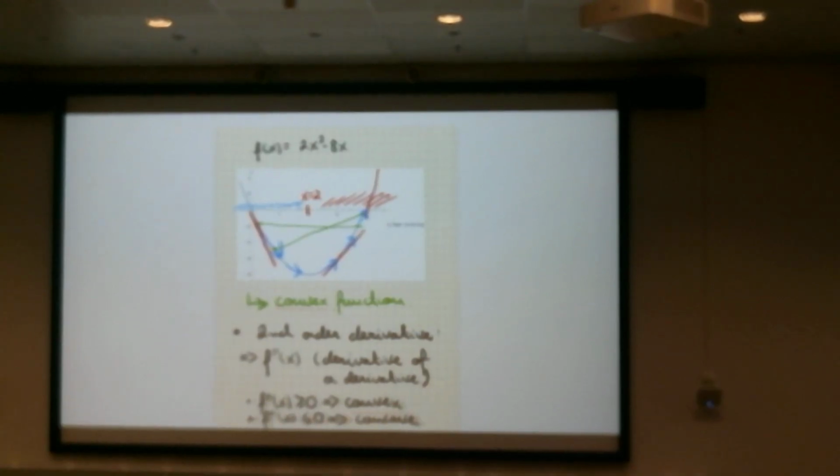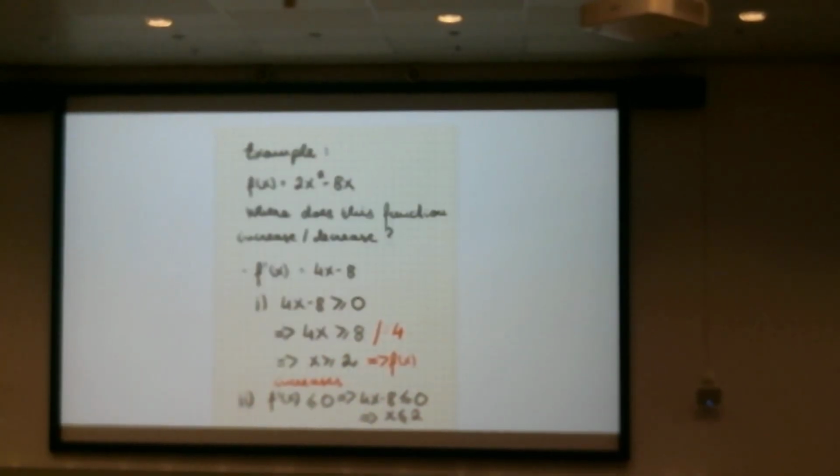So very quickly, looking into this function, f of x was equal to 2x squared minus 8x. The first derivative was equal to 4x minus 8. The second derivative is just the derivative of this.